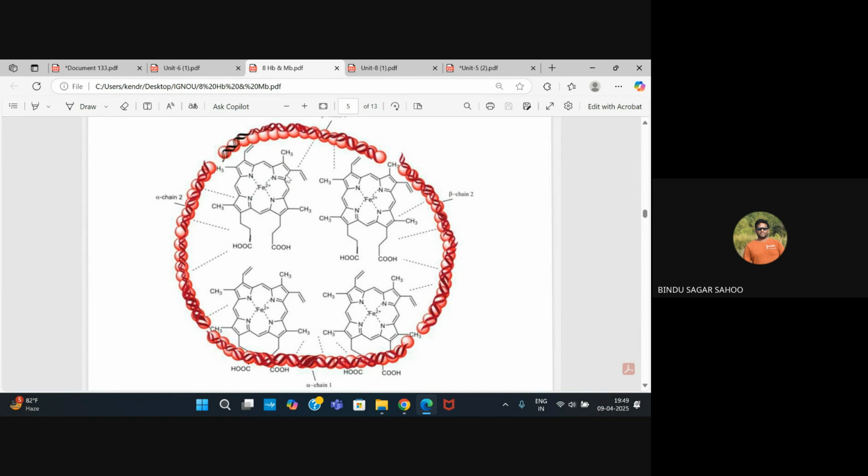So when oxygen attaches to Fe2 plus, it can attach from above the plane or below the plane. The two sides are available, above and below, because the plane is coordinated or surrounded by the nitrogen atoms.